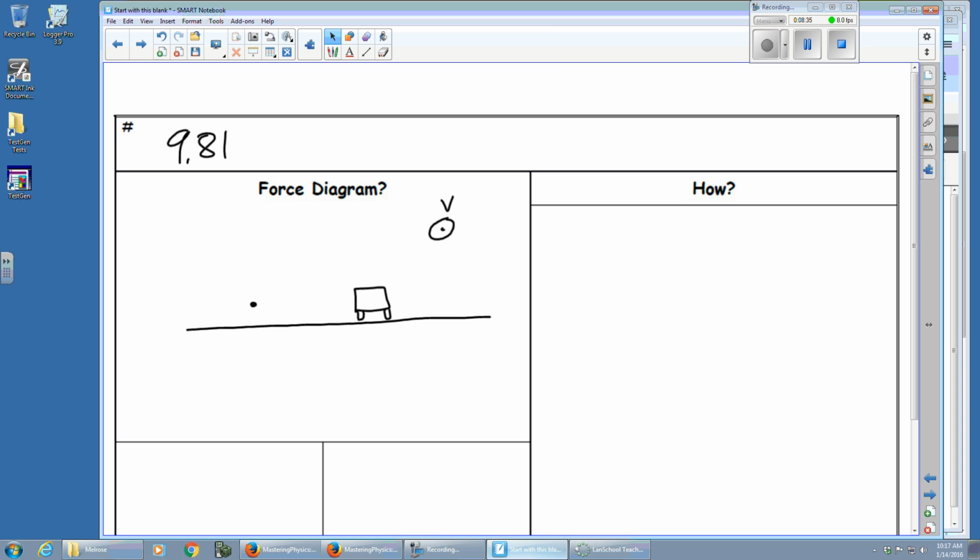It would have weight down and normal force up, and then a frictional force towards the center, and it would be accelerating towards the center since it's going around in a circle, or going around a corner at least. So it's in circular motion.